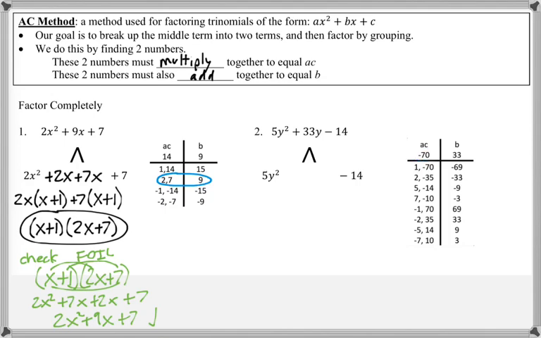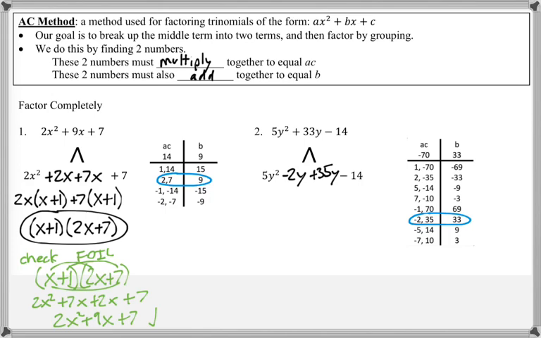But only one of those pairs of numbers add to give you positive 33. And that would be negative 2 and 35. Those are the only two whole numbers that multiply to give you negative 70, but add to give you positive 33. So that tells me that I want to have a negative 2y and a positive 35y. So those numbers tell me how I want to break up that middle term.